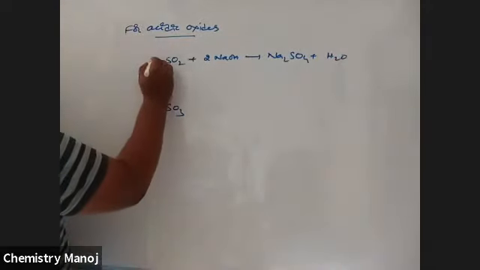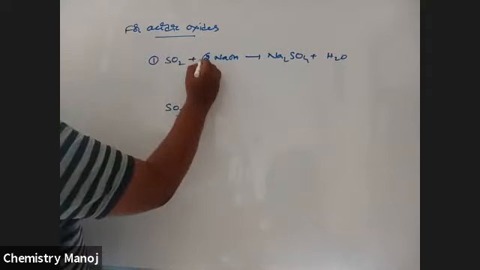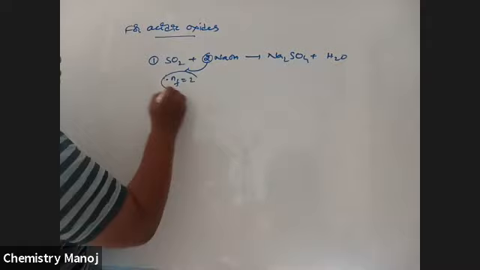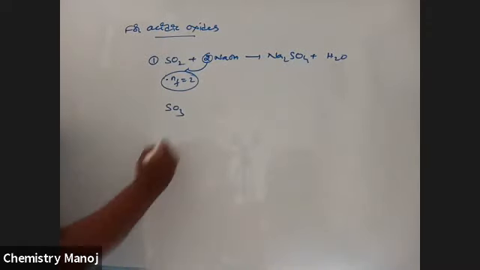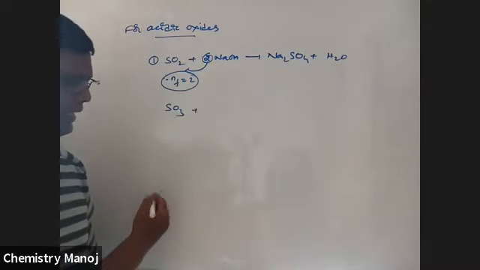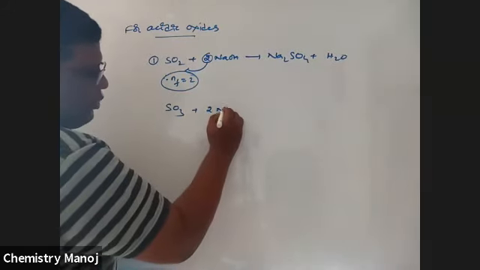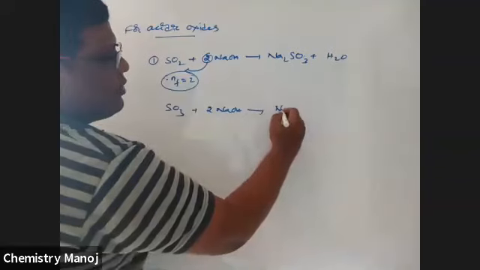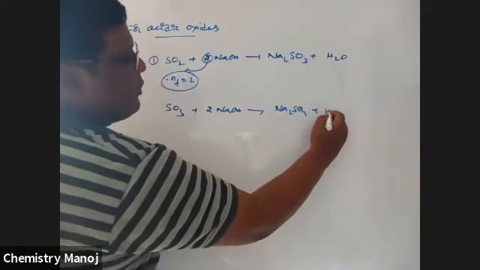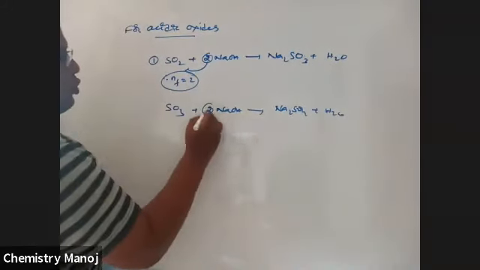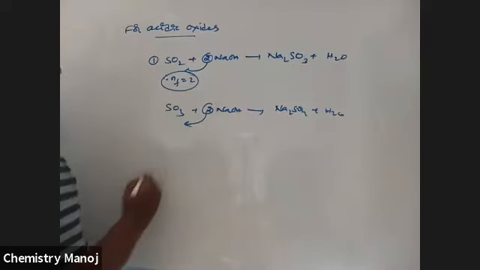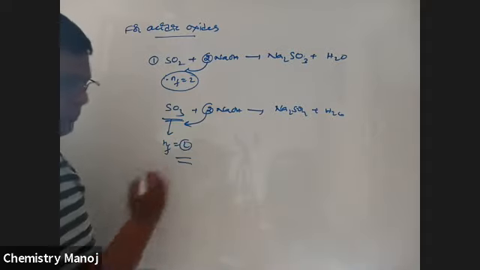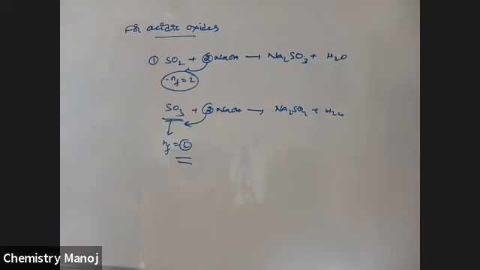That means 1 mole of SO2 reacts with 2 moles of NaOH. Therefore, n factor is equal to 2. Here also 2 moles NaOH are involved in the reaction. Therefore, n factor for SO3 is also 2.